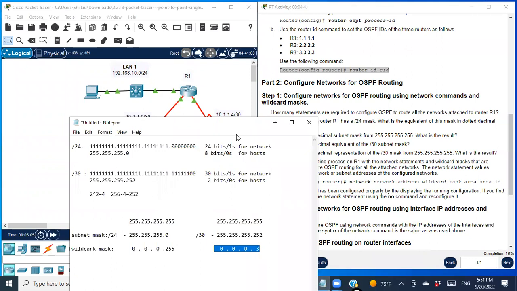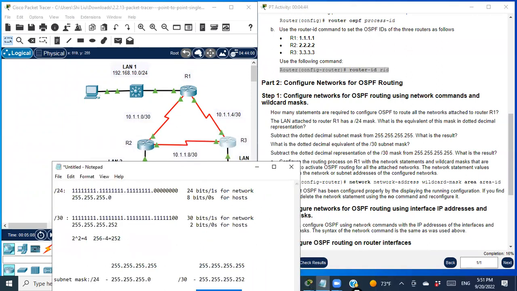It's R1. There are 3 networks attached to R1: 1, 2, 3. These 3 networks. The first is a LAN network at 192.168.1.0, then 10.1.1.0, 10.1.1.4. So we need how many statements? We need 3. We need a total of 3 statements to configure OSPF.